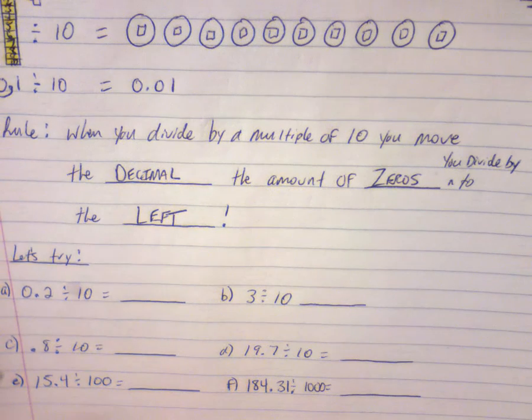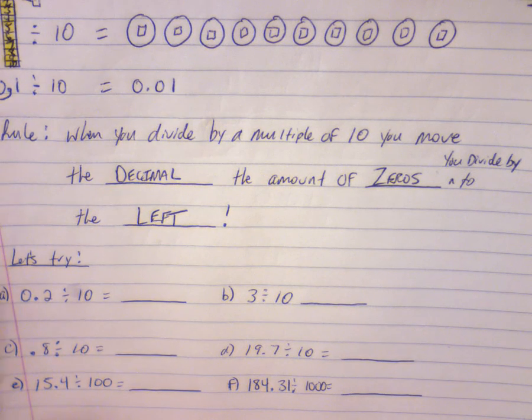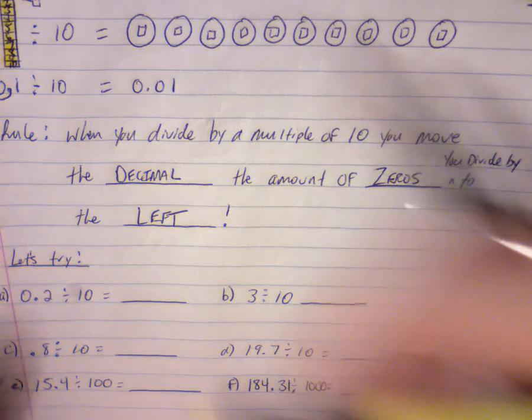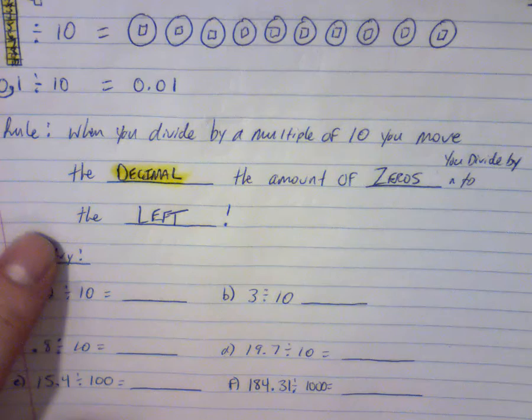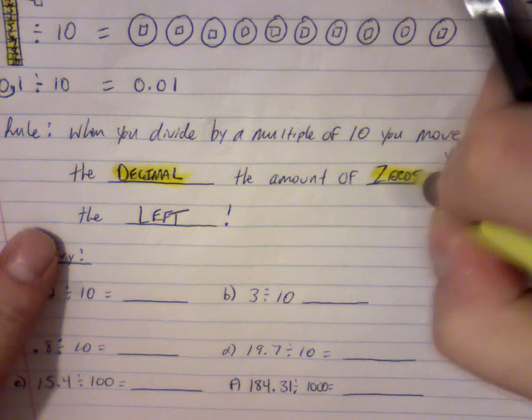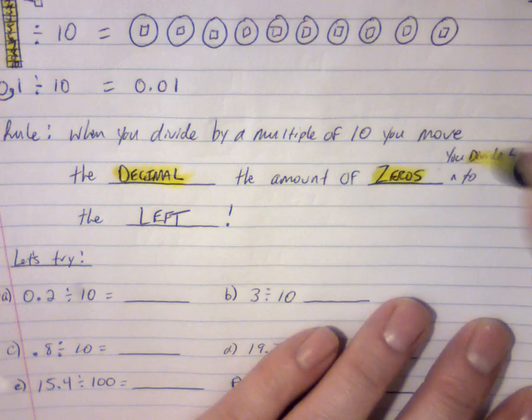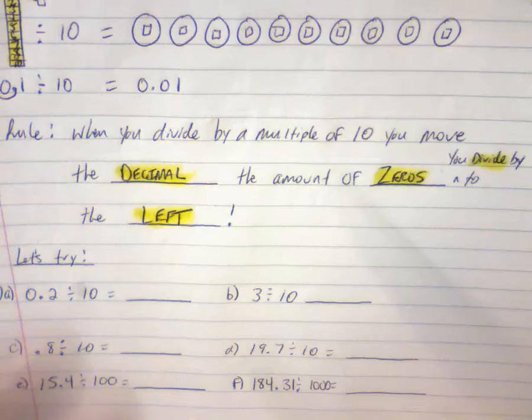Okay, key point, when you divide by a multiple of 10, you move the decimal, I'm going to highlight it, you move the decimal the amount of zeros you divide by, to the left.